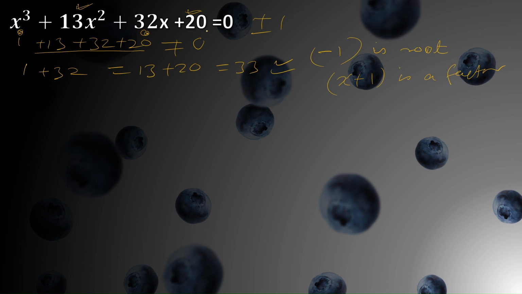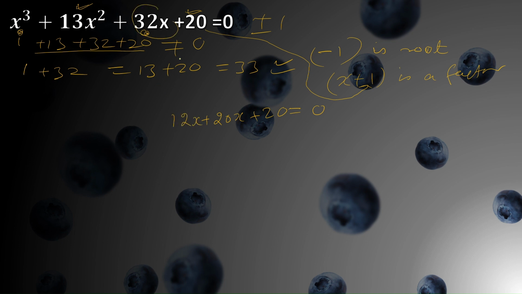Factor is known, so we have to split it. 20 has to become 1. So just start the splitting. Write 20 as it is, and this 32 can be broken down so that 20 is taken out as common. It means we have to break 32 in terms of 20x and 12x.